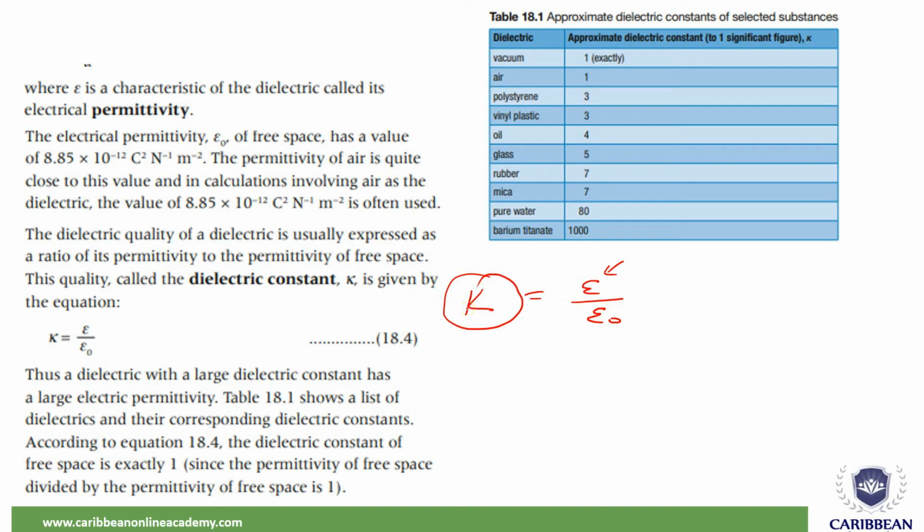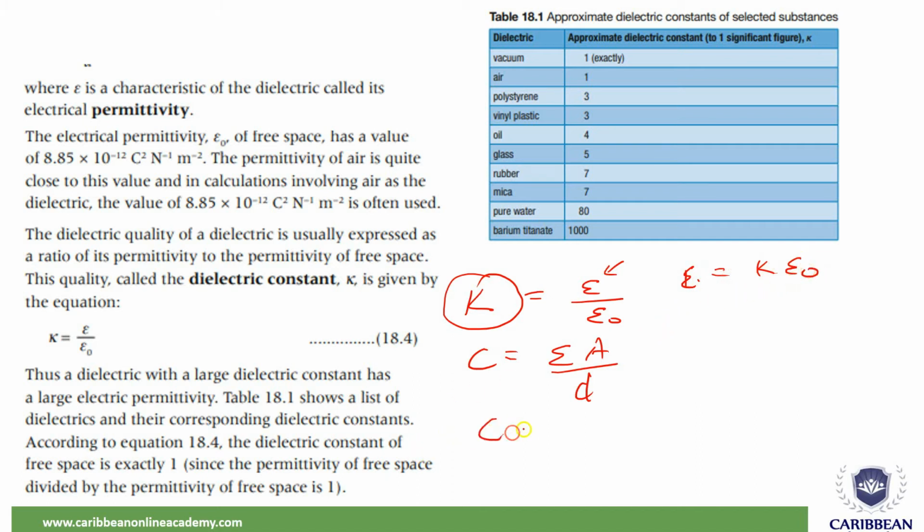Follow me? So that equation a while ago that says C is equal to epsilon times A divided by D, I can do a quick thing right here to say that epsilon is equal to K times epsilon naught.